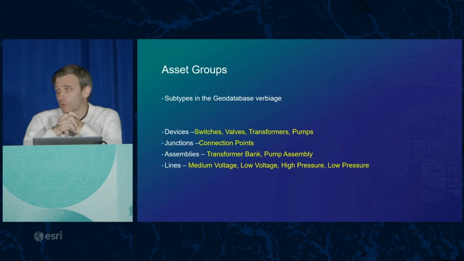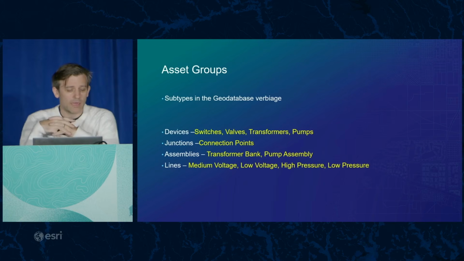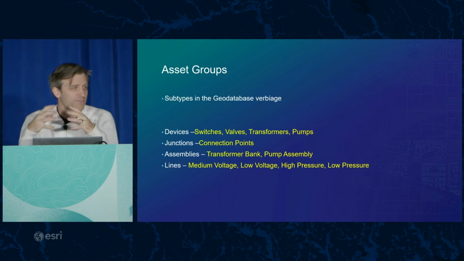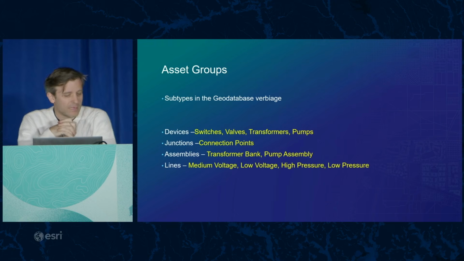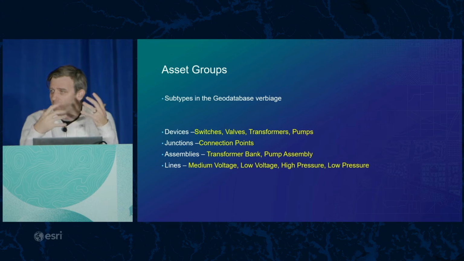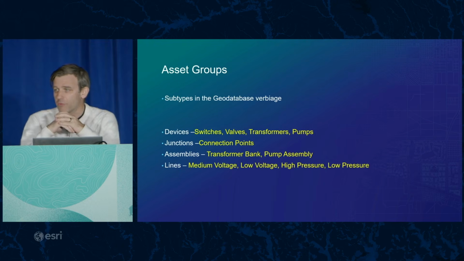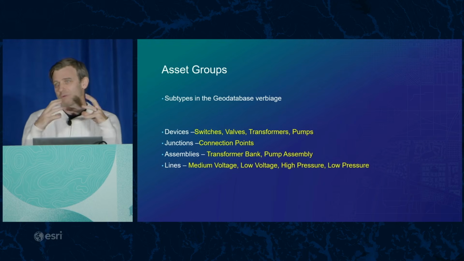Then we dive into asset groups. So asset groups are subtypes in the geodatabase vernacular that we use. It's literally the same thing, it's just called an asset group. Things you can imagine for asset groups in devices, switches, transformers, valves, pumps, sort of the big category of item. If you have a three-way switch or a T switch or a V-blade switch, that's not really the subtype.